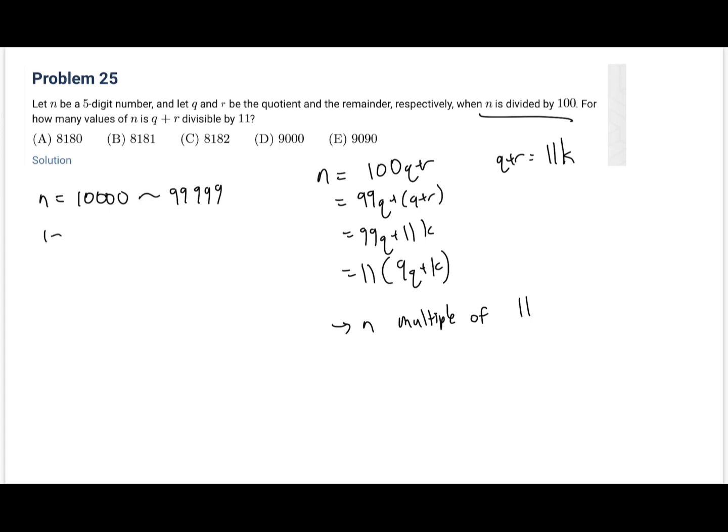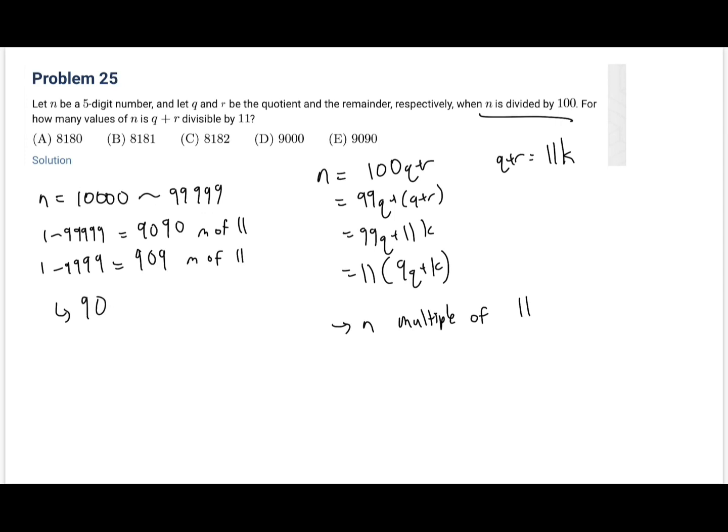So from 1 to 99999, the multiples of 11: 99999 divided by 11 is 9090. And from 1 to 9,999, 9999 divided by 11 is 909 multiples of 11. So what we need to do is subtract this, since we want the number of multiples of 11 in this range.